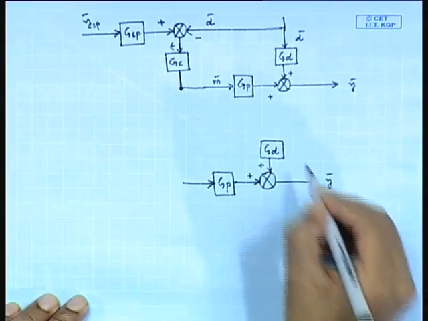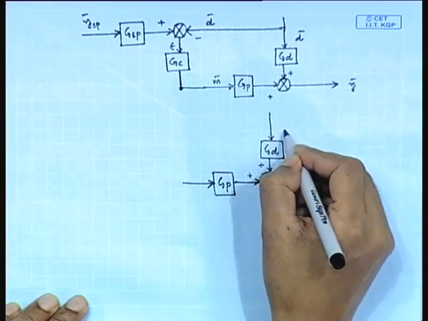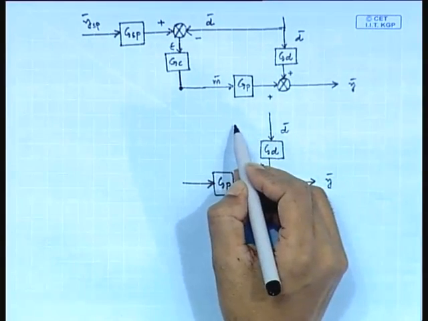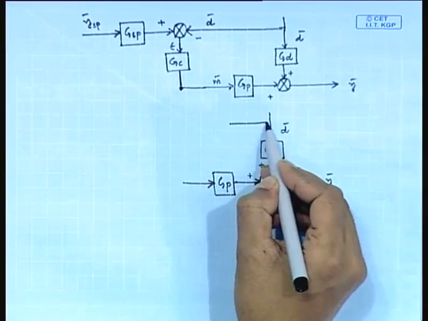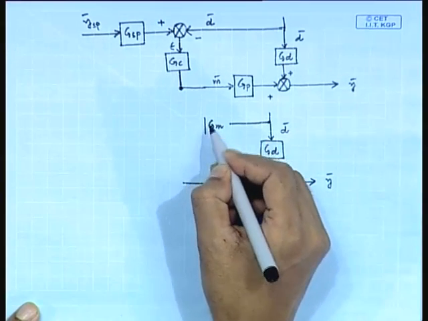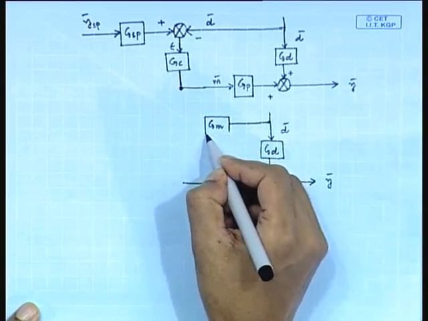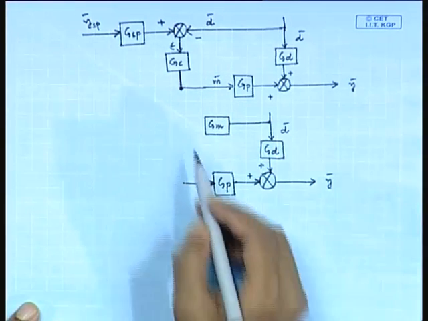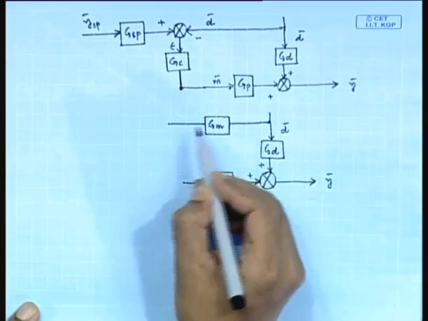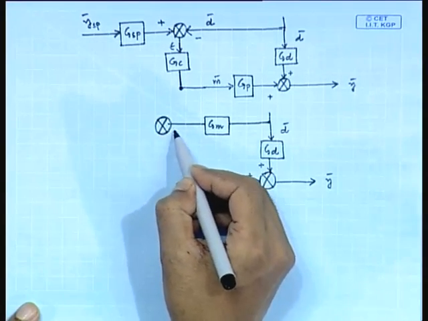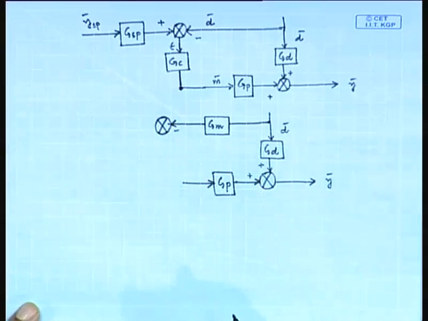Somewhat like this. This is disturbance. So, first we measure this disturbance using one measuring device which has the transfer function of GM. Then this measured disturbance is compared in a comparator.